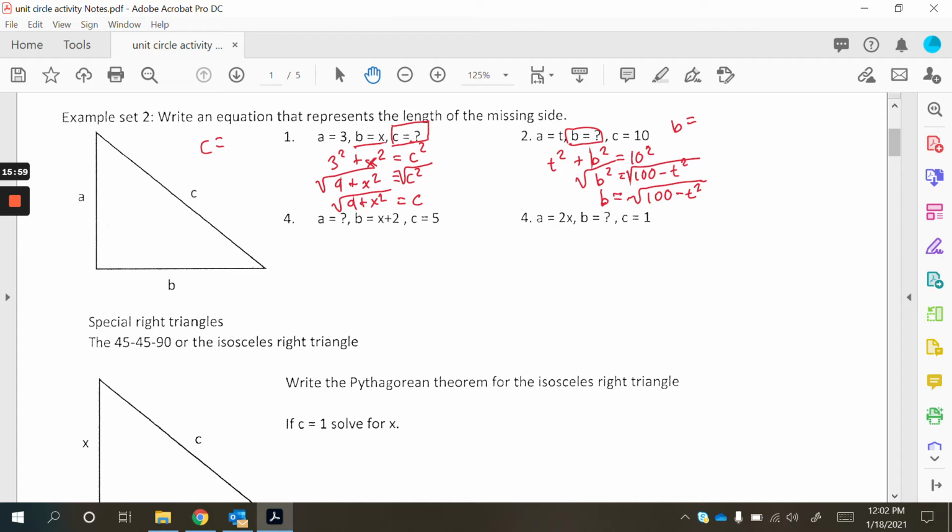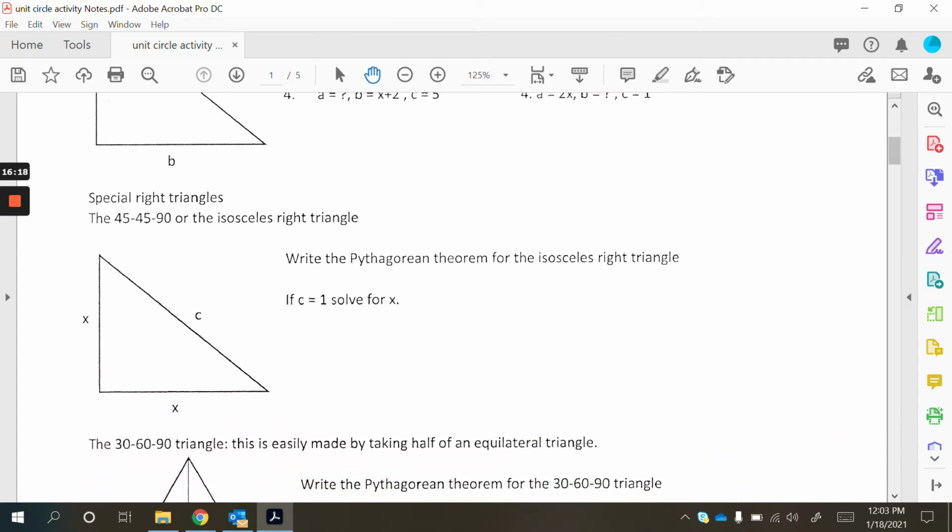Okay, and that's how we can quickly create these equations, even when there is a variable involved. Now, you might be wondering, where the heck is this teacher going with this? We're talking about circles, now we're focused in on these triangles.